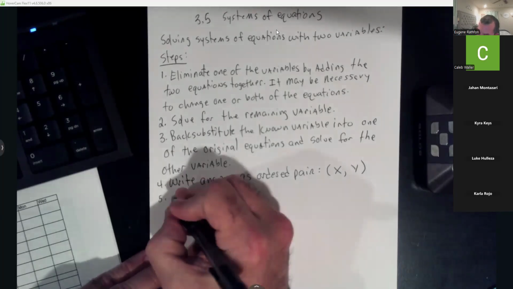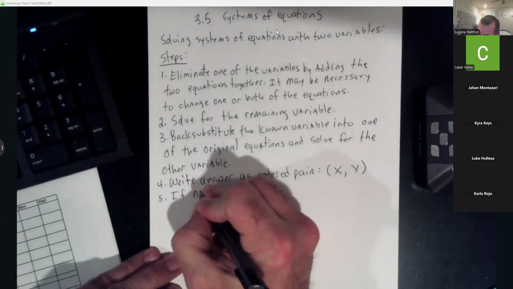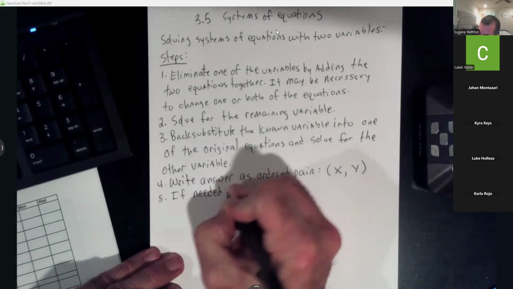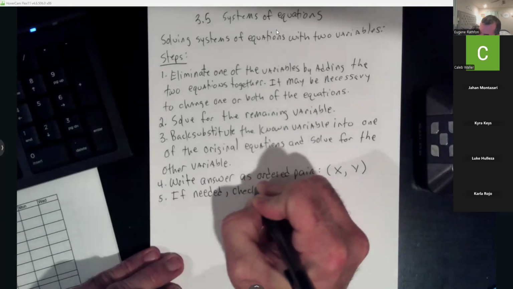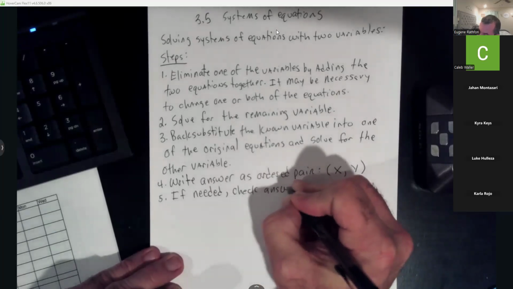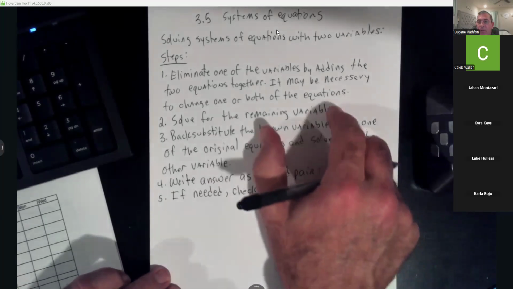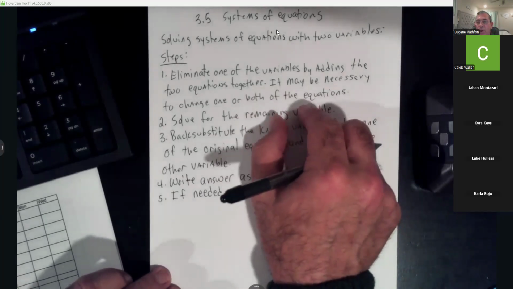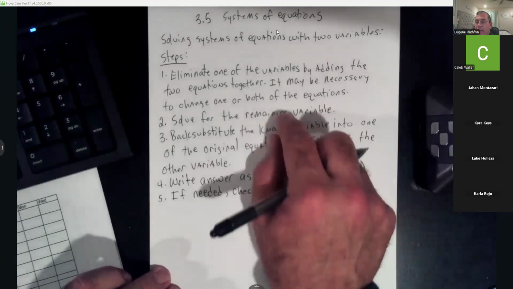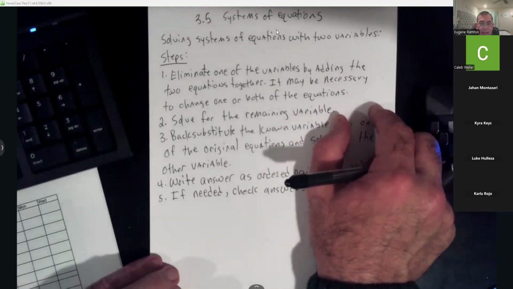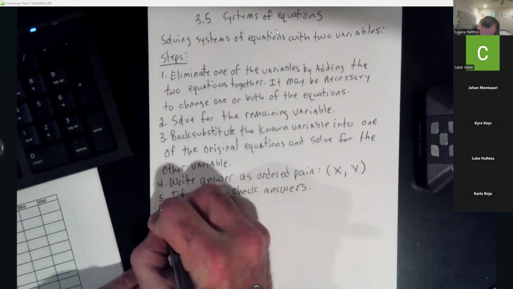If needed, check your answers. And to check your answers in the original equations, plug in for your x, plug in for your y, and see that it equals what's on that other side.